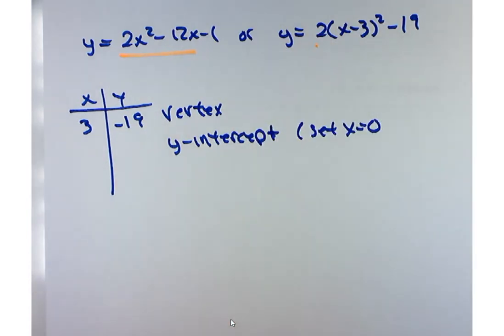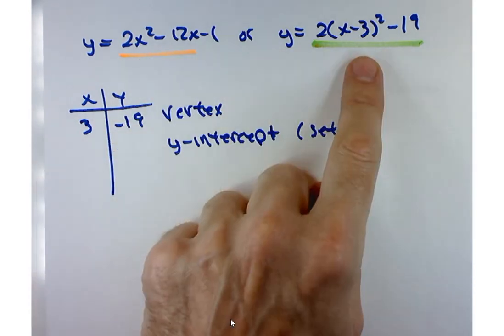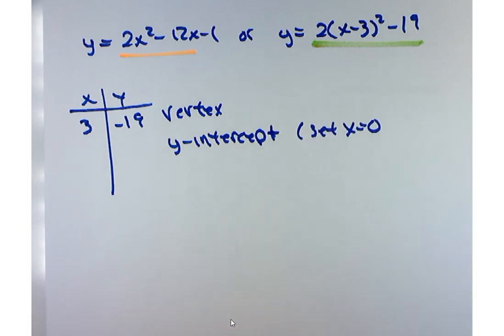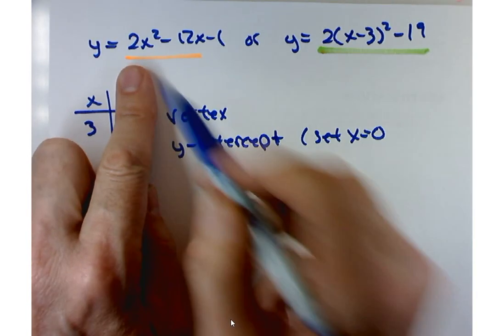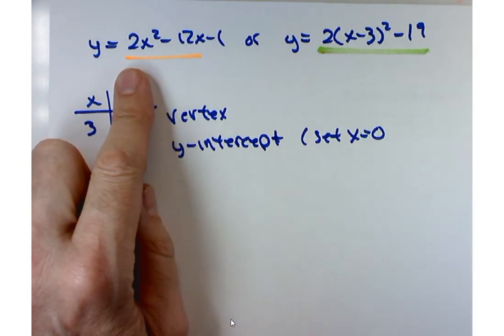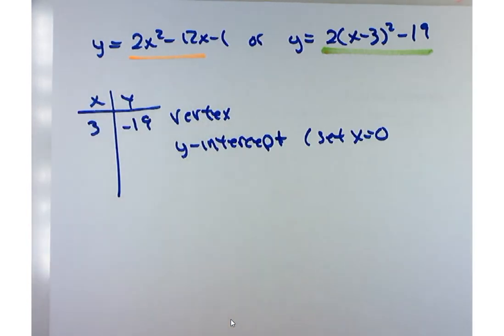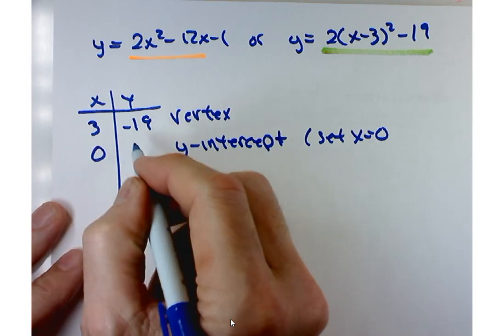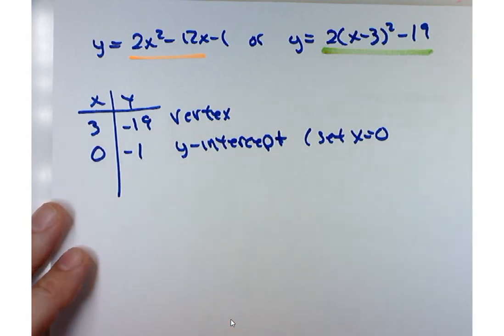Which one of these would you find it easier to set x equal to 0 in? The one on the left or the one on the right? On the left, right? Because this term and this term, those disappear. So when x equals 0, what does y equal? Negative 1.